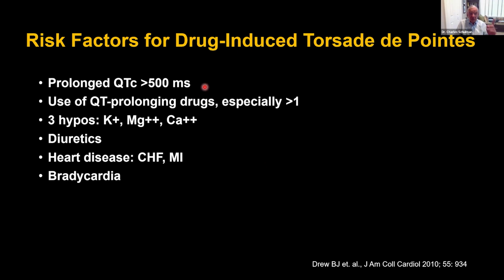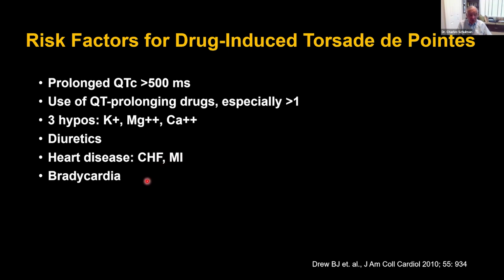The risk factors are a QTc more than 500 milliseconds, the use of QT prolonging drugs, especially more than one of them, the three hypos: hypokalemia, hypomagnesemia, hypocalcemia, the use of diuretics, heart disease, heart failure, MIs, and bradycardia from any cause.